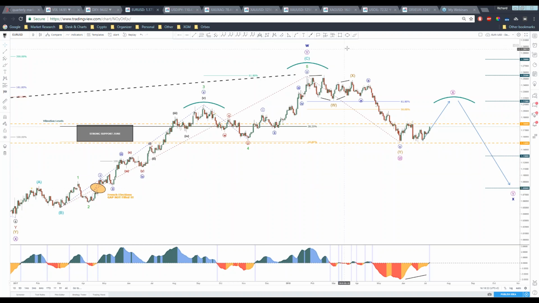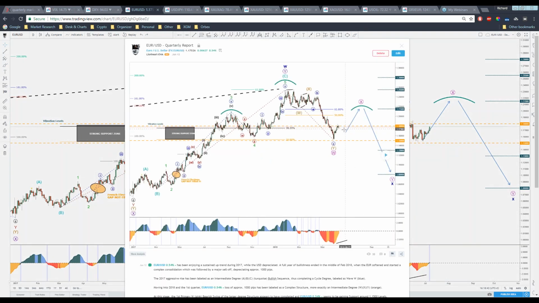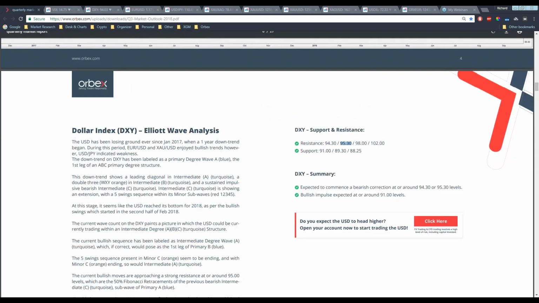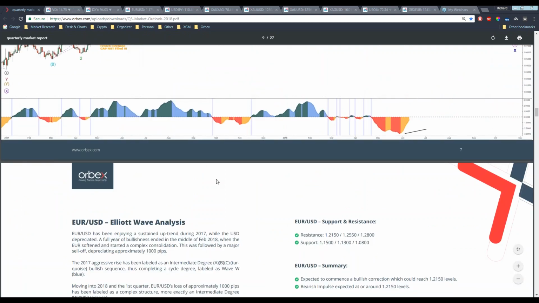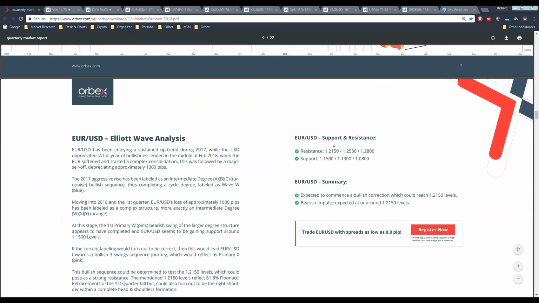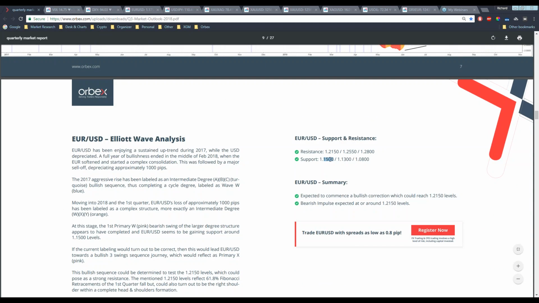Moving on to the euro on the daily chart, that was the dollar index on the daily chart as well. So on the euro, it did bounce, a corrective piece. I would expect this, as you can see. During the quarter report, I was saying that it could drop some more, and let's say, for instance, support possibly at 1.150.